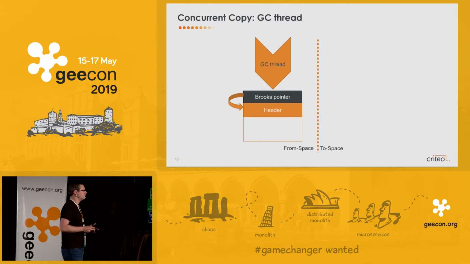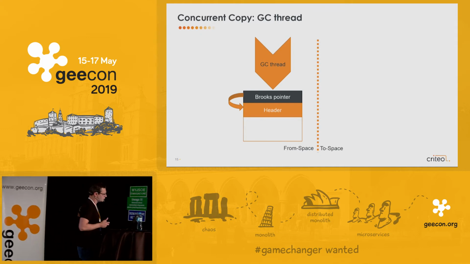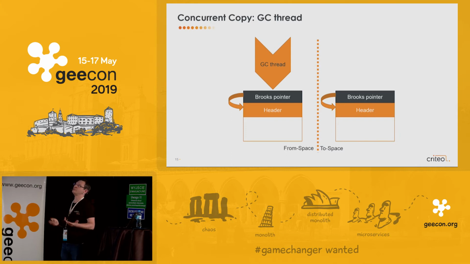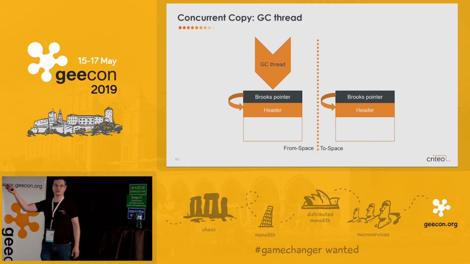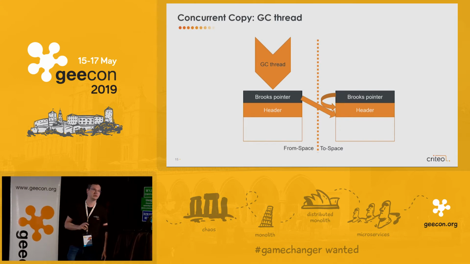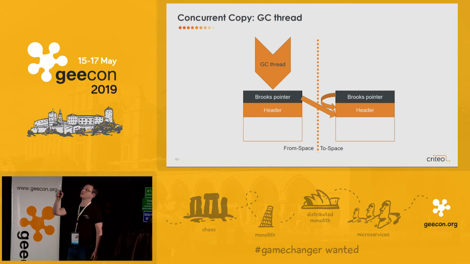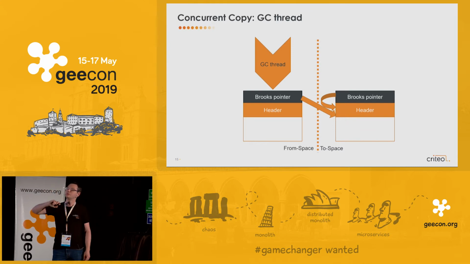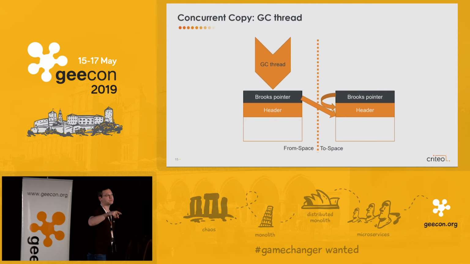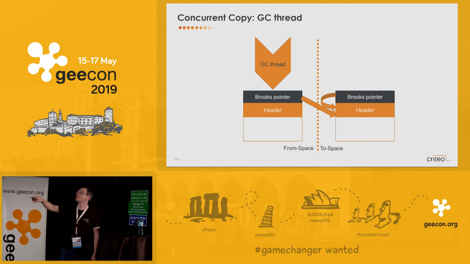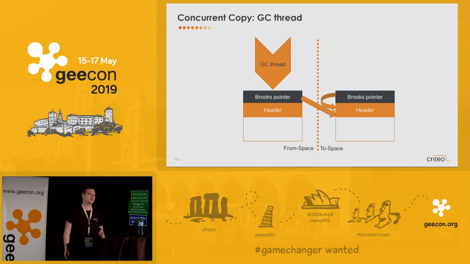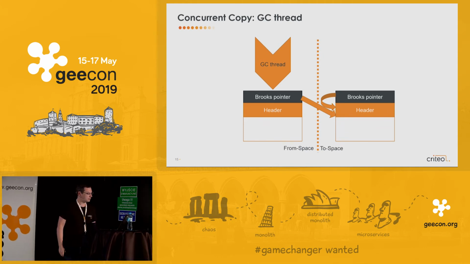So that's the normal or nominal case. In this case, the GC thread will copy the object to the to space and then update the Brooks pointer to the new destination. So if an application thread tries afterwards to access this object, we will go through the Brooks pointer and get to the object in the to space. So that's the classic way.